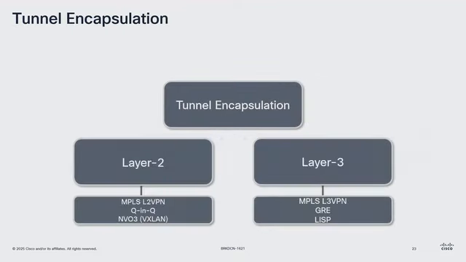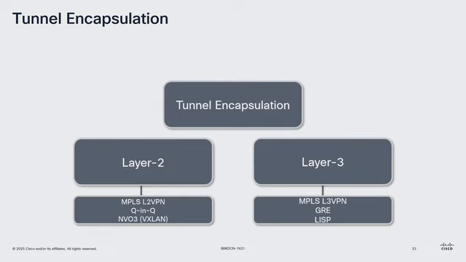Now, tunnel encapsulation is pretty straightforward, right? As I mentioned before, I think of a tunnel encapsulation as envelopes within envelopes within envelopes, all with different destination and source IP addresses. You can see here some examples of a layer 2 tunnel encapsulation.